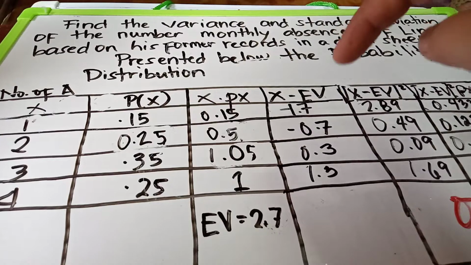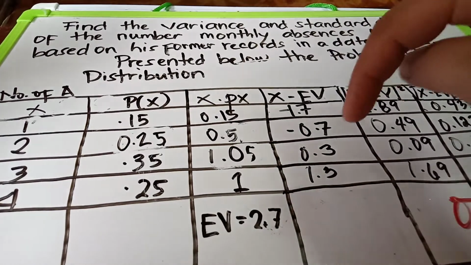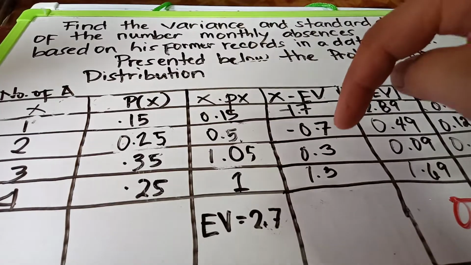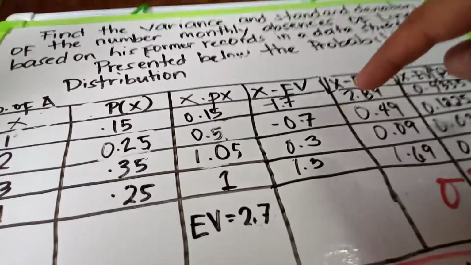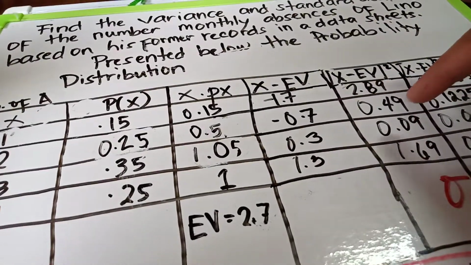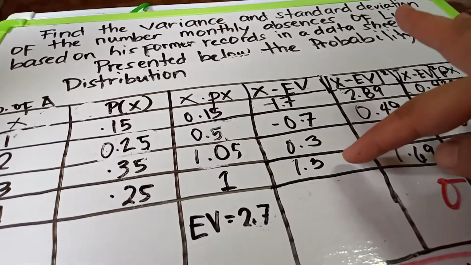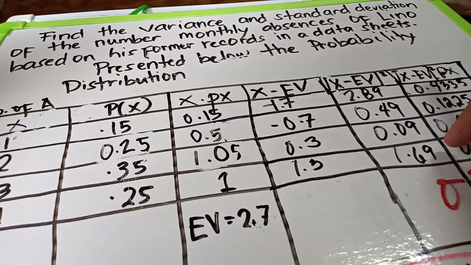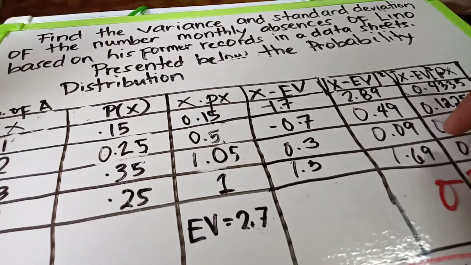So negative 1.7 squared is 2.89. Negative 0.7 squared is 0.49. 0.3 squared is 0.09. And 1.3 squared is 1.69.